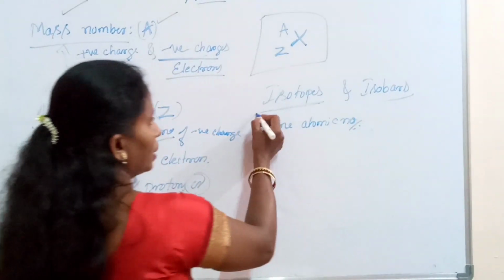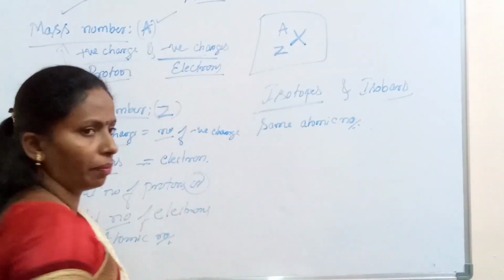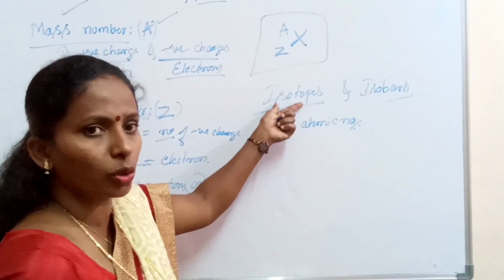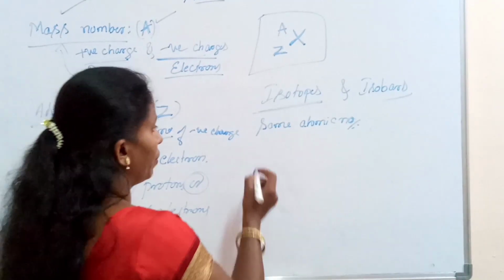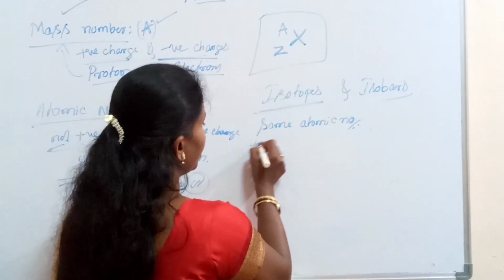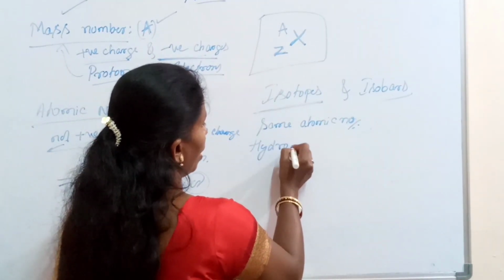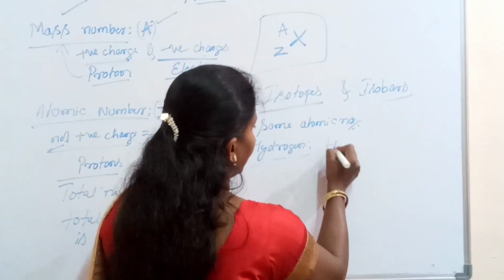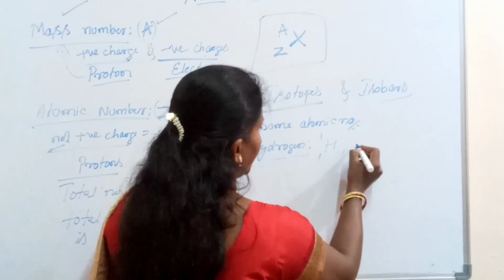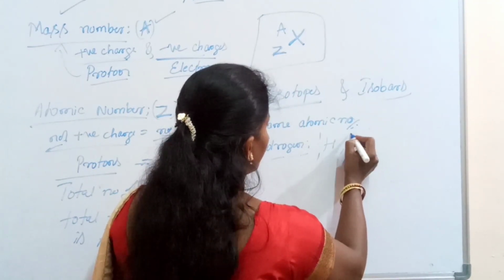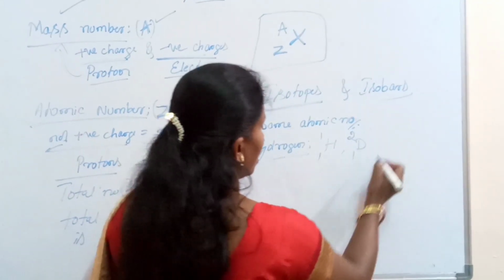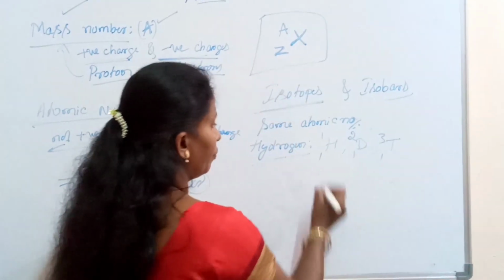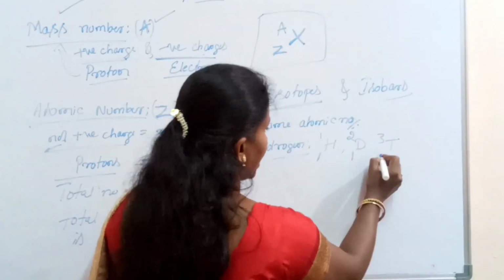For example, if I take hydrogen, H 1 1, then deuterium, an isotope of hydrogen, 2 1, and tritium, T 3 1, in which the atomic number is the same.